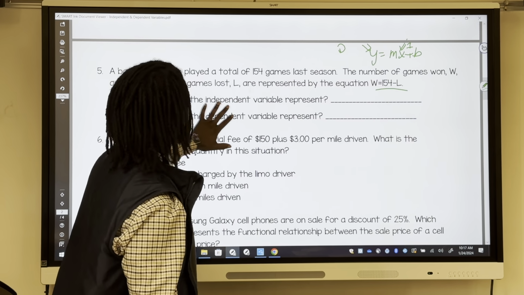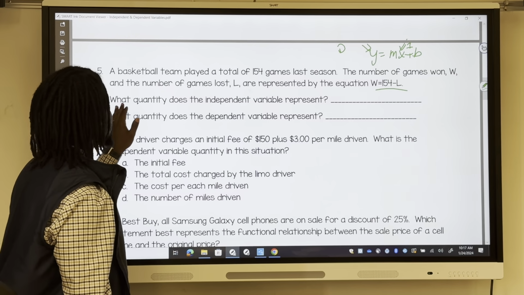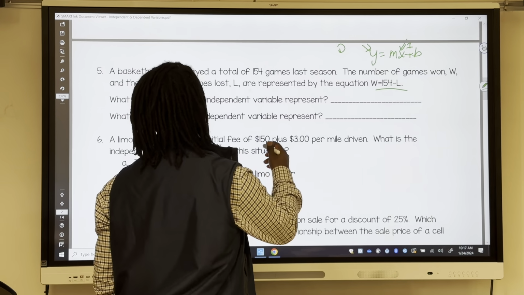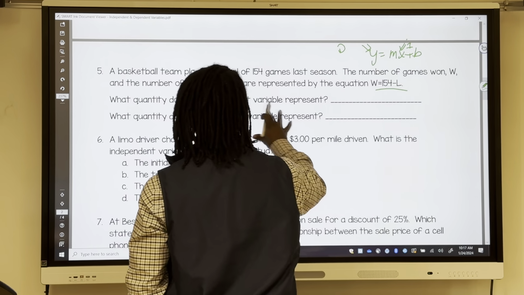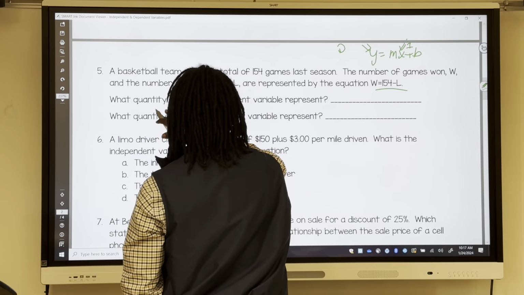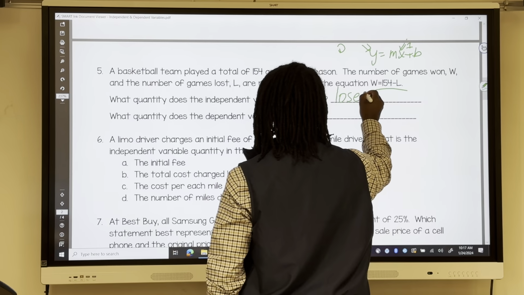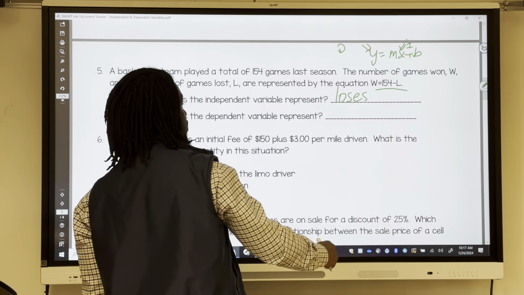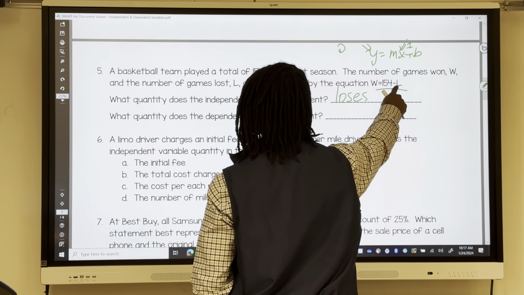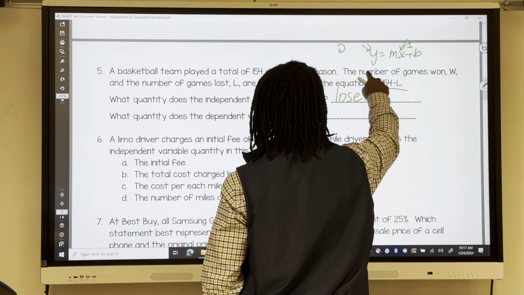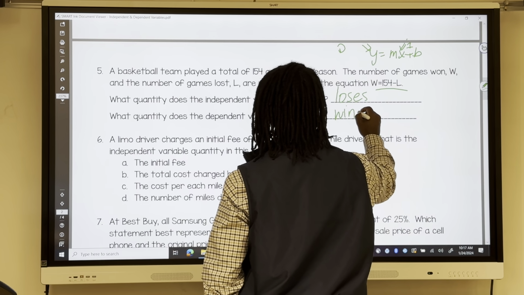That could help you answer this one. So in the way this one is set up, the number of losses is the independent variable, because you're taking 154 and subtracting the losses to give you the number of wins.